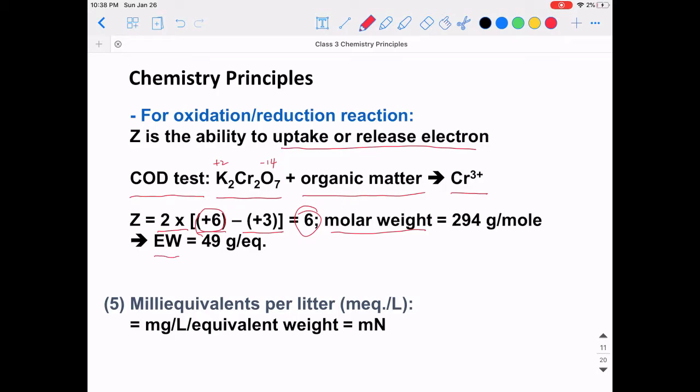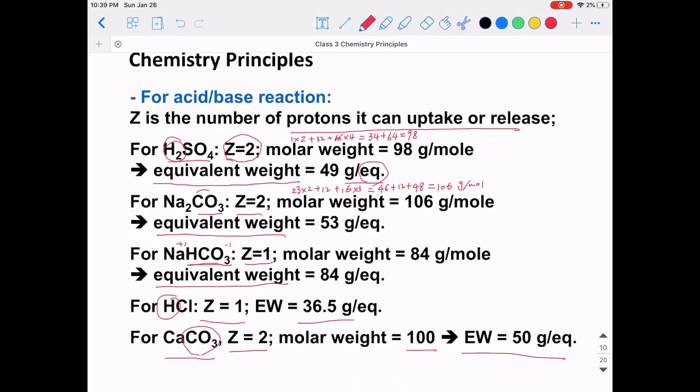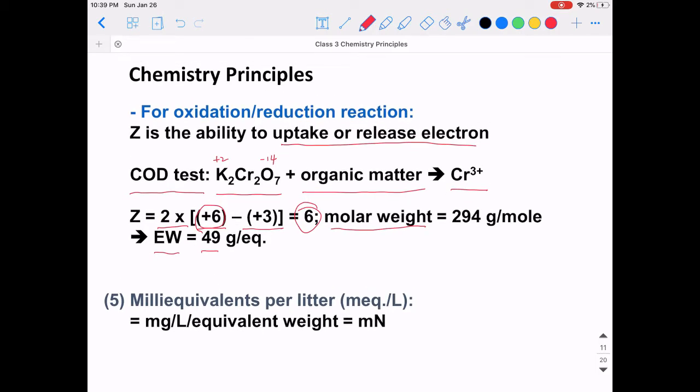So this is going to give us an equivalent weight of 294 divided by 6, which is 49. So this is how we can calculate the equivalent weight for a single species for the oxidation reduction reaction. You can see the difference from the calculation for the acid-base reactions. We can also use the parameter of milliequivalents per liter. Basically, milliequivalents per liter means 10 to the -3 of the molarity.